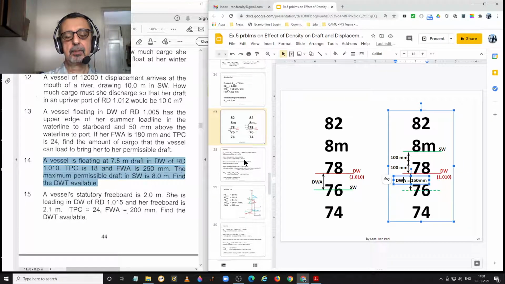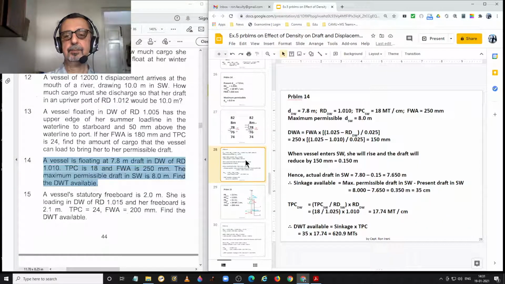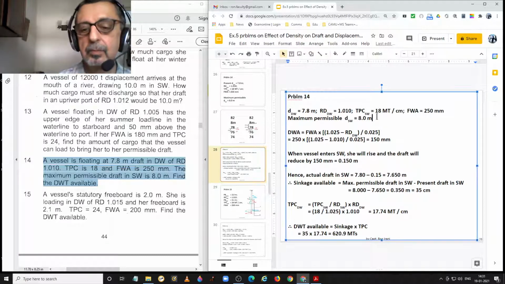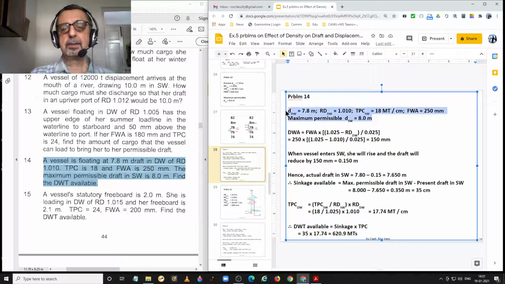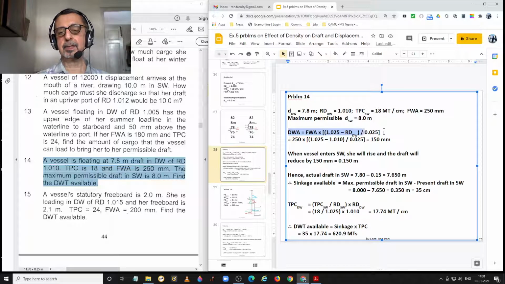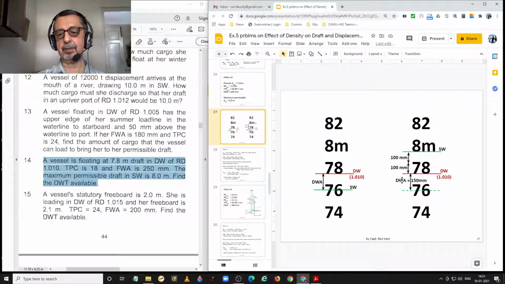So let us go to the solution now. This data is given to us in the problem. We have to find dock water allowance, and that is equal to freshwater allowance multiplied by the difference of two relative densities divided by 0.025, giving us a value of 150 millimeters, which I showed you in the right hand side drawing.